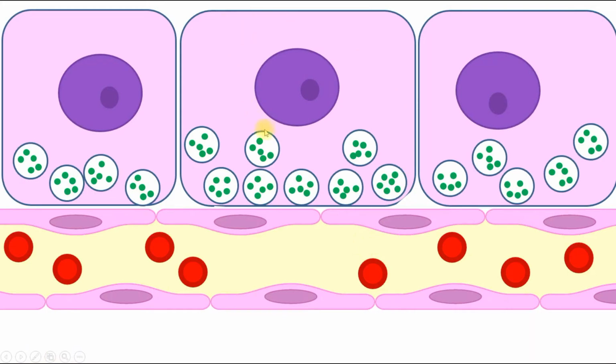So here we can see endocrine regulatory cells. They produce some substances. They are hormones. We have very big number of different hormones, and they provide specific regulation of different functions.